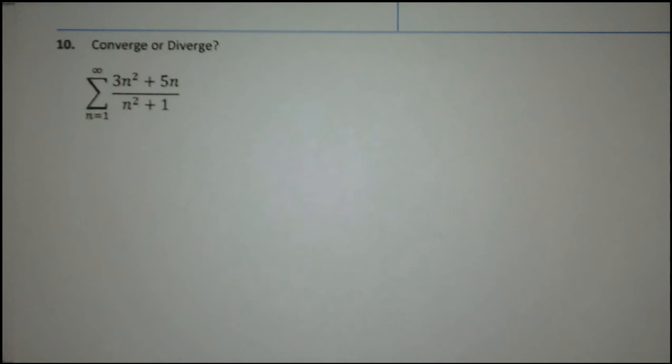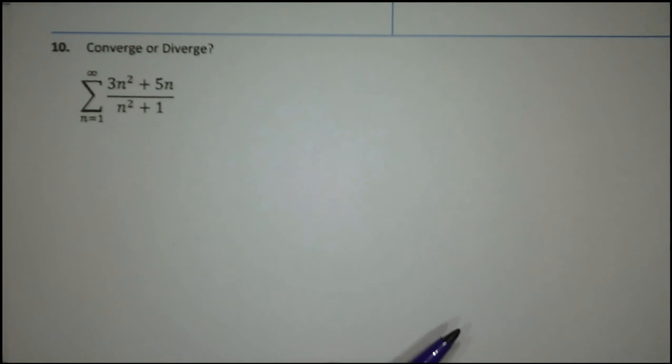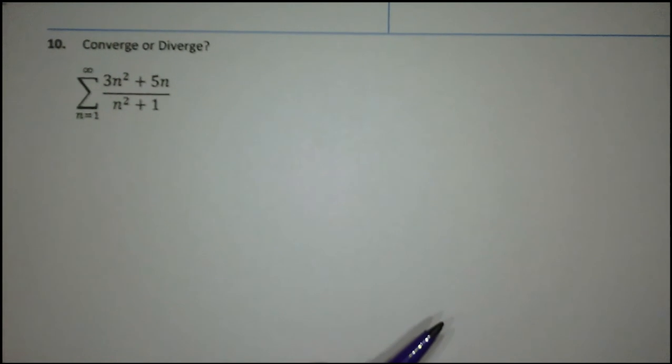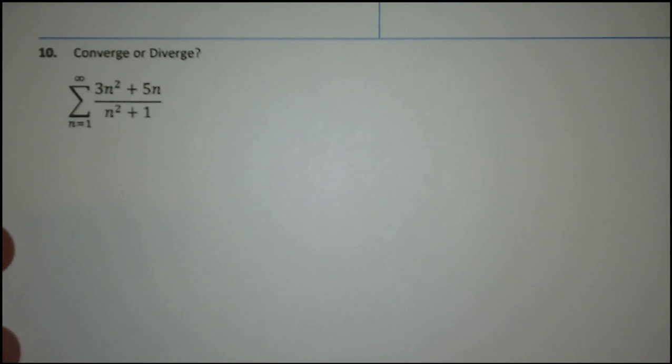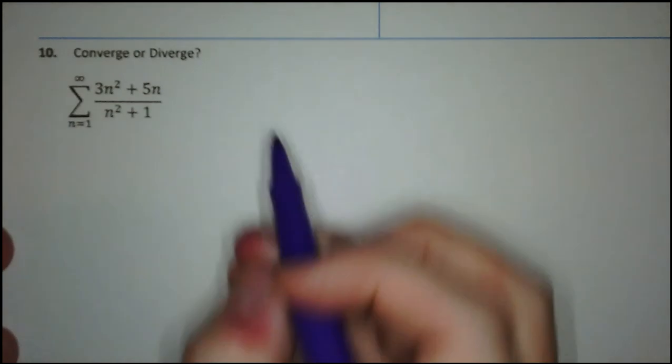So, number 10. Last one, number 10. All right. Once again, I would not doubt if you could figure out number 10 by doing more than one different test. But let this be a lesson to you.